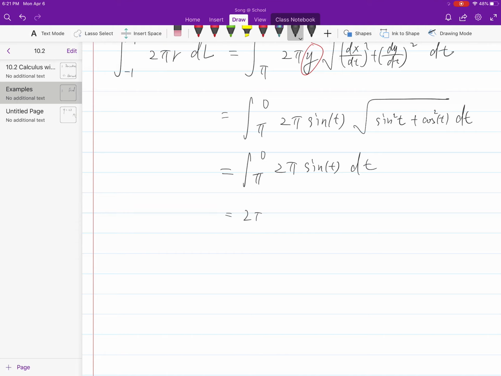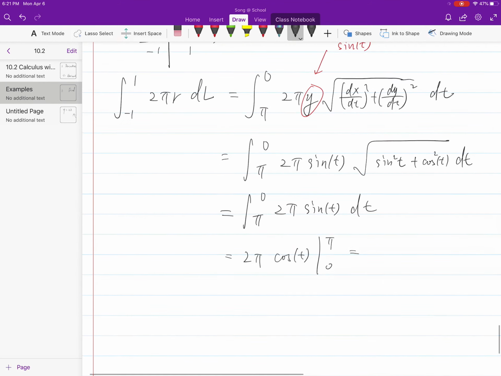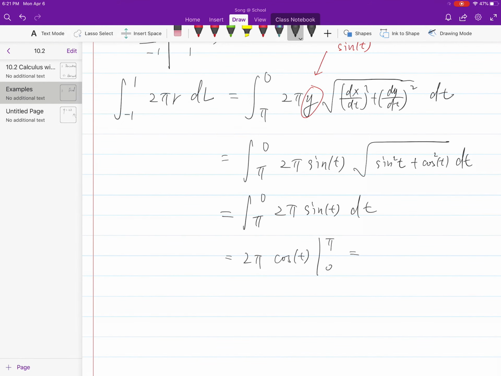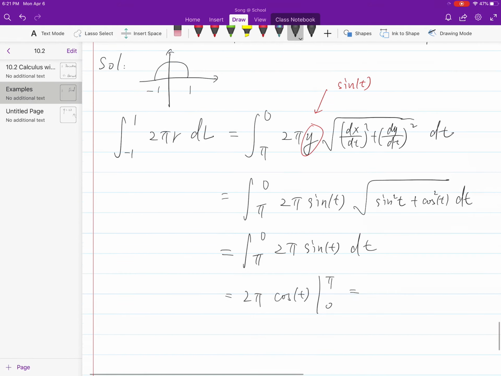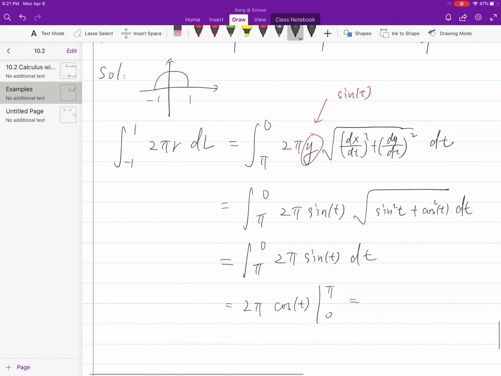Okay, pi to 0, 2 pi sine t, and the 1 and the dt, which is 2 pi negative cosine. I'm just going to go with cosine, but then switch the starting and ending. Hold on, something is wrong.